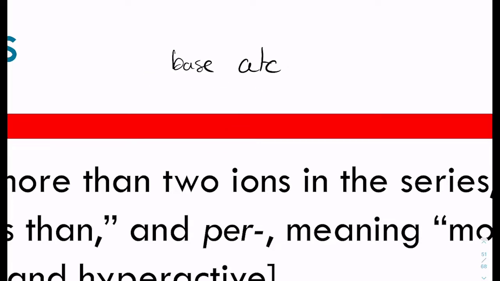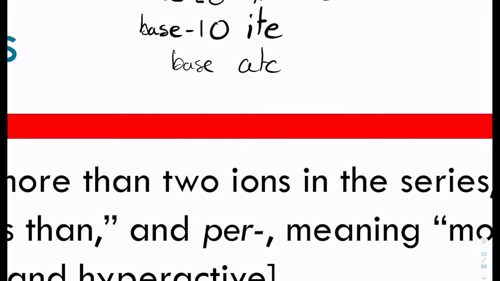All right. So ITE is the base minus one oxygen. Hypo-ITE, where the name goes in the middle there, is the base minus 2 oxygens.